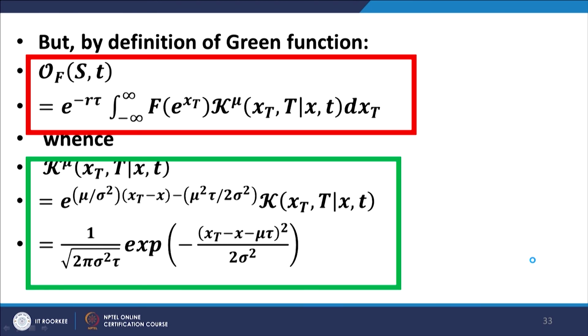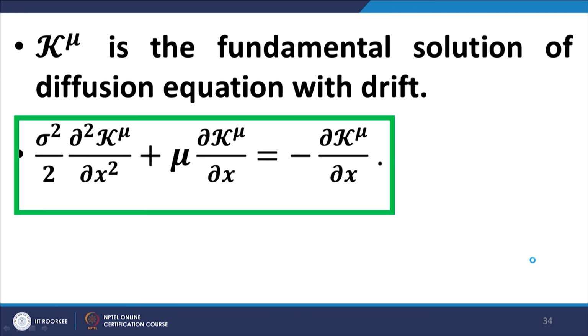So, that is obtained as the expression which is here in the green box. And when we substitute the expression for the driftless Green function K, we obtain the expression that is right at the bottom of your slide in the green box. So, it can easily be shown that K mu is the fundamental solution of the diffusion equation with drift, which is given here in the green box.